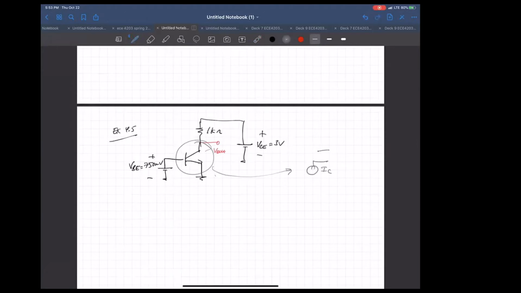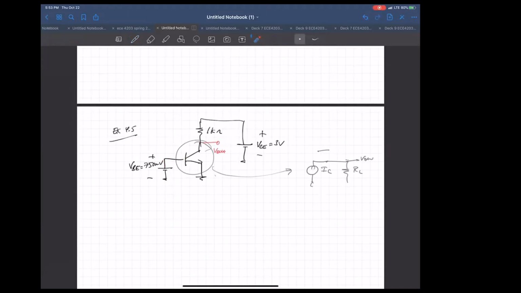This guy is your current source, and then you have your R sub L. So your output is here where they touch each other. That's your output voltage. So this is essentially, as we'll see, our amplifier. We have this input and we have this output.